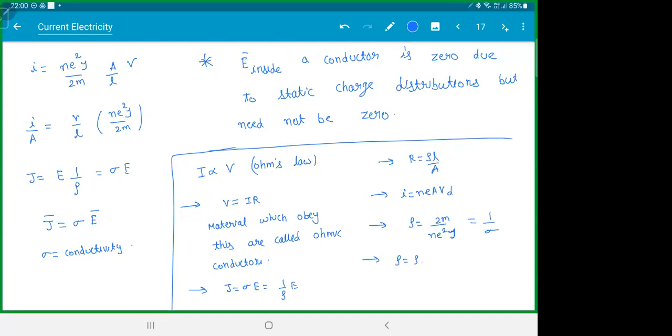Rho is equal to rho naught into (1 plus alpha delta T). That is the change of resistance with temperature. And what else was there? J is equal to I by A, the perpendicular current density. Yeah, these are all the formulas. You can note it down. We'll do some problems on that.